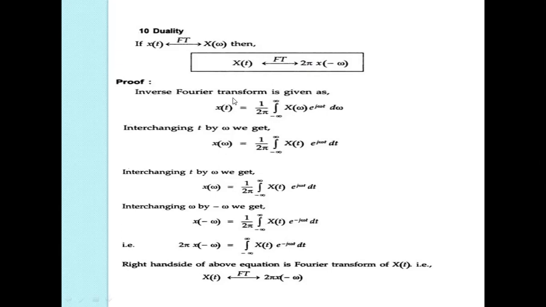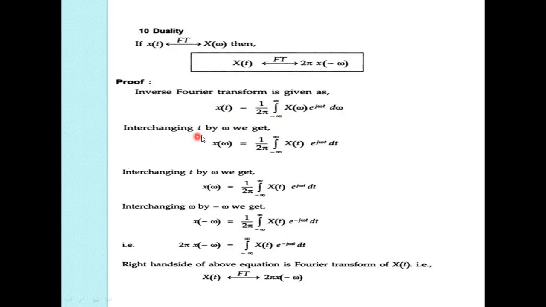See, the inverse Fourier transform is given as x of t is equal to 1 by 2 pi integral minus infinity to infinity X of omega e power j omega t d omega.